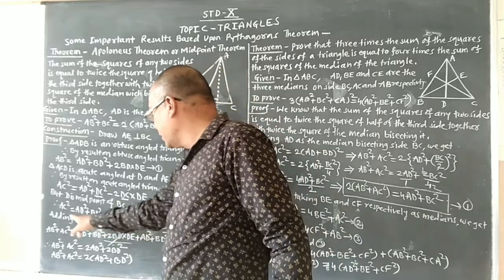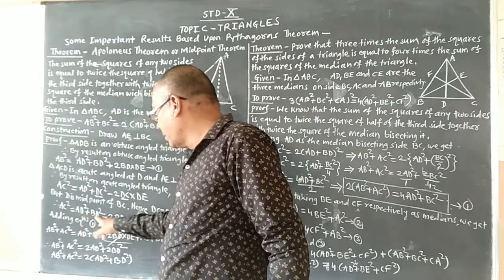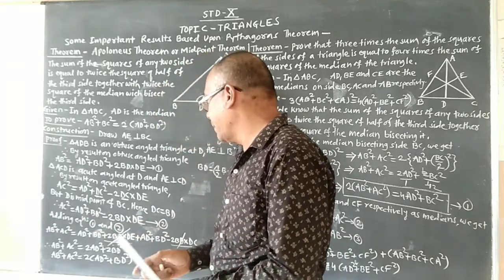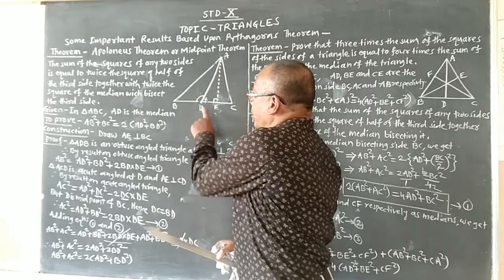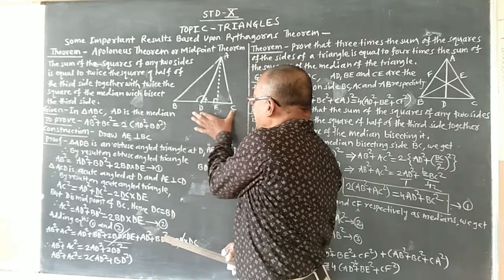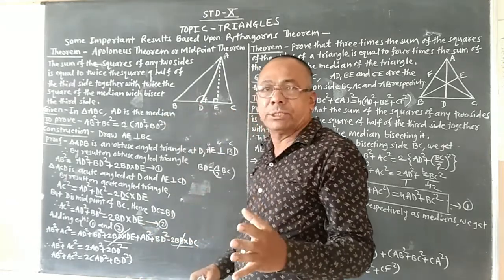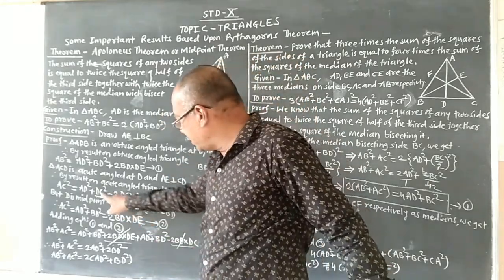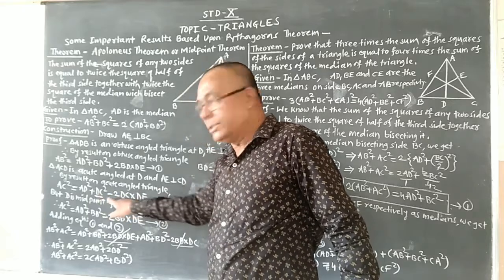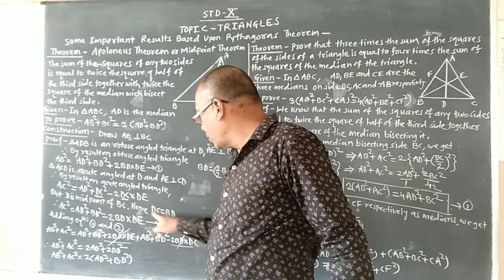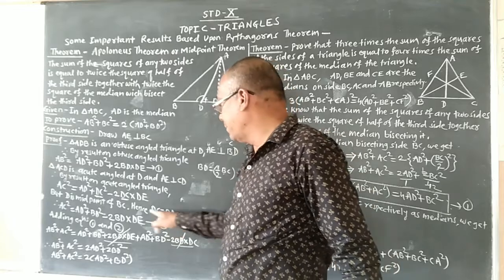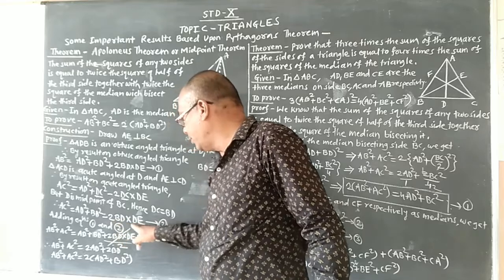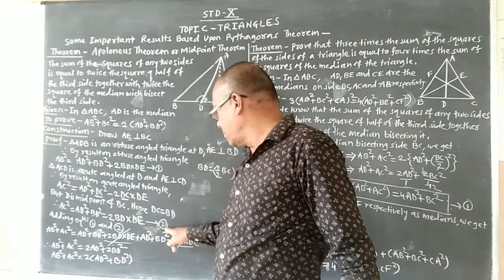So we will get here AC square is equal to AD square plus BD square minus 2BD into DE. लक्षात ठेवा की या ठिकाणी आपल्याला काय की D हा मिड पॉइंट आहे. जर मिड पॉइंट असेल तर DC ची लेंथ आणि BD ची लेंथ कशी असणार आहे, इक्वल असेल, and therefore DC is equal to BD. आता याच्यामधले जे DC आहे ते काढून टाका. यामधले DC काढून टाकल्यानंतर आपल्याला काय मिळेल, DC काढून टाका आणि त्याची व्हॅल्यू काय आहे BD, ती भरल्यानंतर आपल्याला मिळेल AC square is equal to AD square plus BD square minus 2BD into DE, and this is equation number 2.